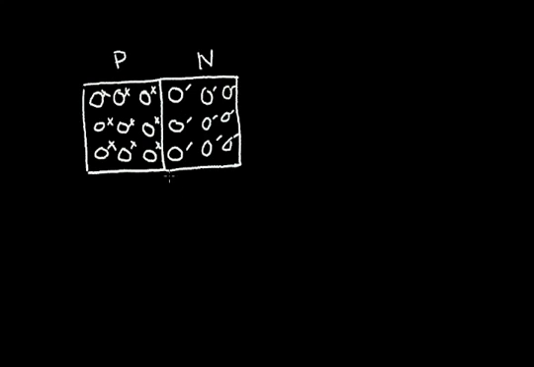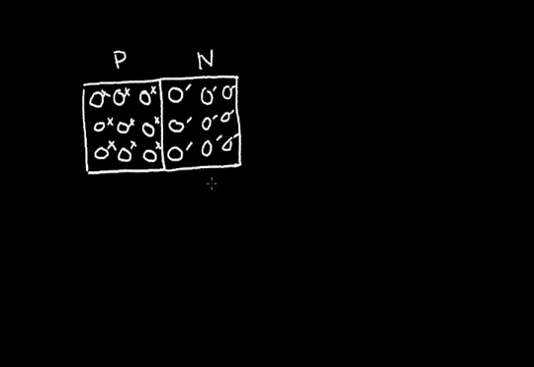Since I have a lot of electrons in the n-type, these electrons can diffuse. Now by diffuse, think of it as like dropping a drop of black ink into a clear glass of water. That drop, as it goes into the water, is going to diffuse out and eventually fill the whole glass.